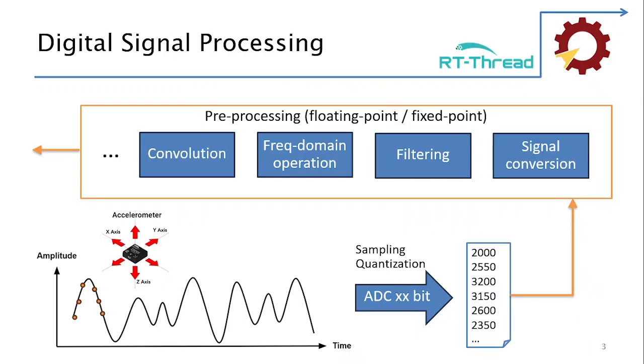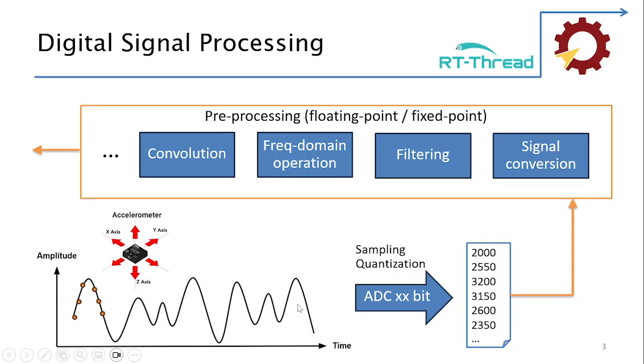Okay, so what is digital signal processing? Let's say that we have a sensor, such as a motion sensor, a kind of accelerometer, to detect the movement, the acceleration. Yes, we have the signal, but the signal will be sampled into the software side using an analog to digital converter, or if we use a digital sensor, the data just comes in, and then we have a sequence of data that represents the original signal.